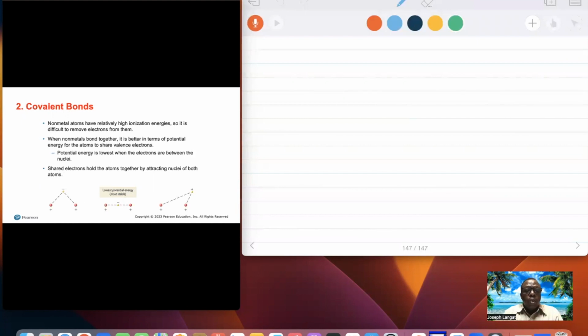A covalent bond is formed when two non-metals share electrons in such a way that they end up with 8 electrons. So if we have, for example, H2O, with the exception of hydrogen, most covalent bonds end with 8.